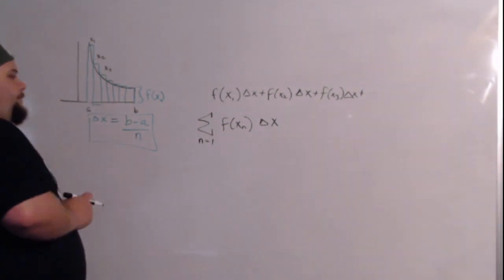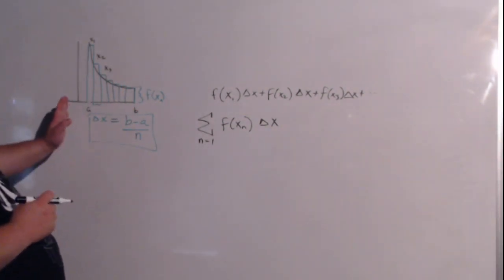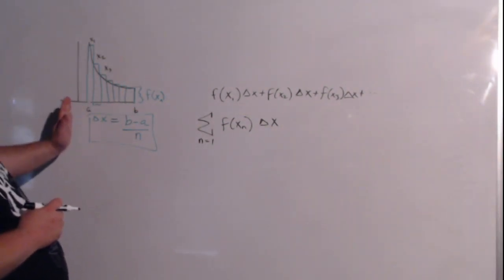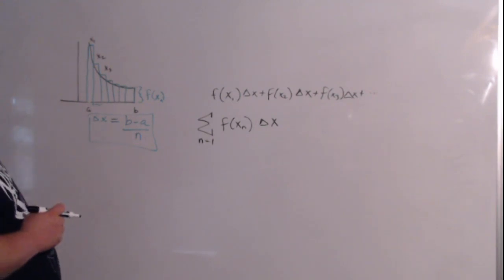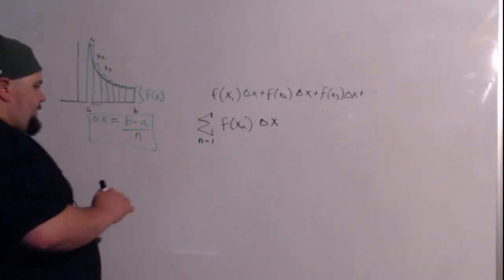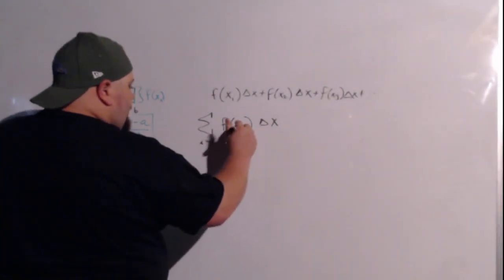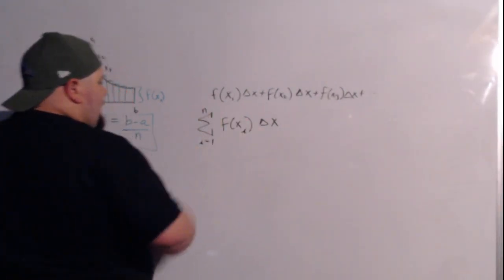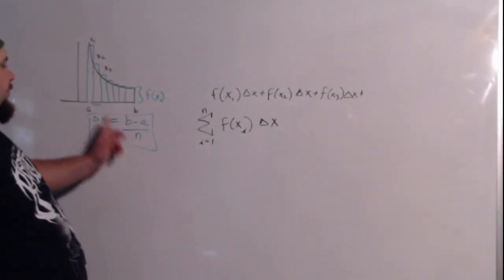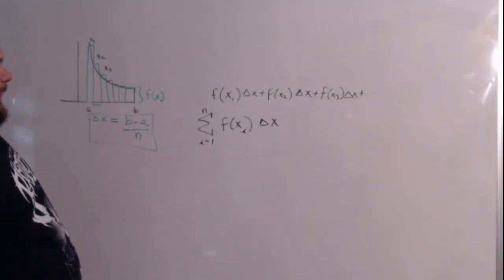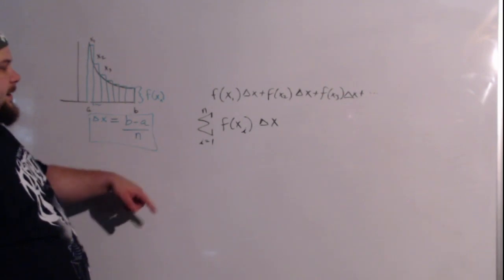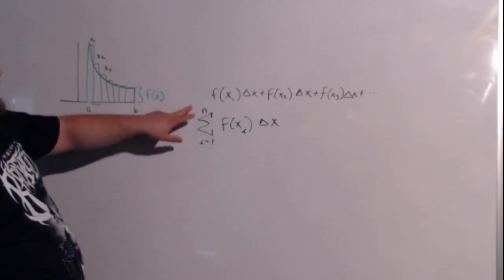Now, if we want to get the best possible option, actually we should make this, instead of n's, let's make this i. And I can make it run to n, n being the total number of rectangles. So subscript i, start at 1, run to n.